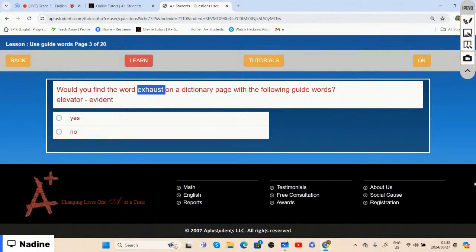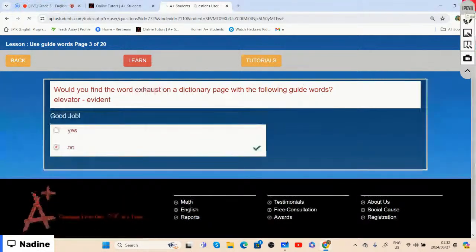And if we were to choose, if we would find that word exhaust on the same page as the following guide words, then nope, we won't, because exhaust will be after evident, right?